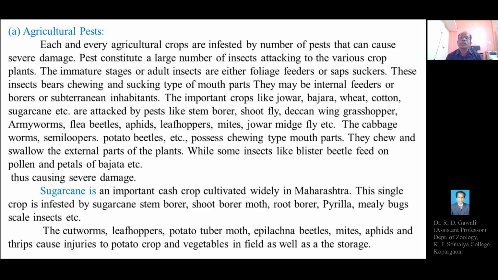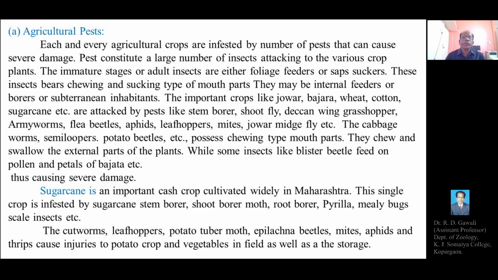The important crops like jowar, bajra, wheat, cotton, sugarcane, etc. are attacked by pests like stem borers, shoot fly, Deccan wingless grasshopper, army worms, flea beetles, aphids, leaf hoppers, mites, jowar midge fly, etc. So these are the variety of insect pests attacking the different crops and causing their loss or damage.